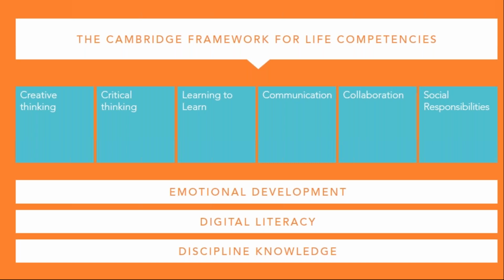So we've talked about creative thinking. You've mentioned creative thinking more than me. Critical thinking, making choices, problem solving, learning to learn. So developing those skills that we need for the future that I mentioned. Obviously communication, collaboration, all these things are super important.